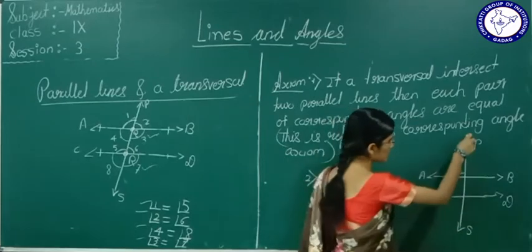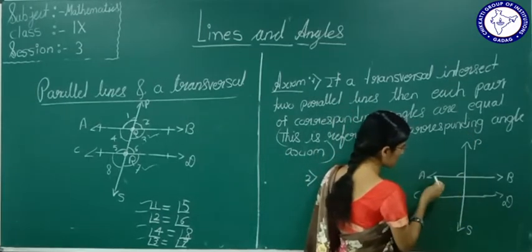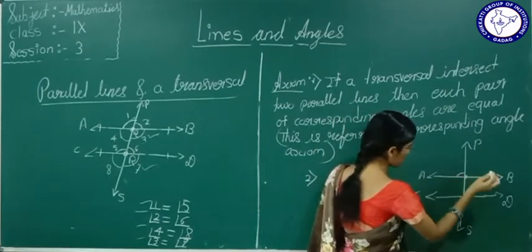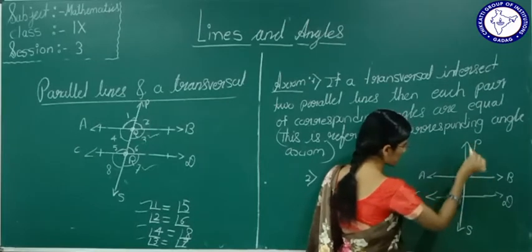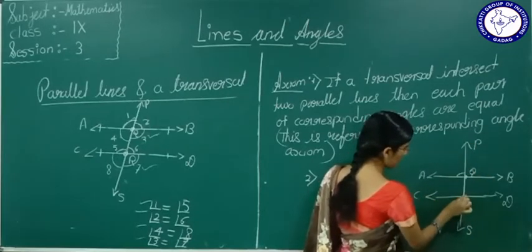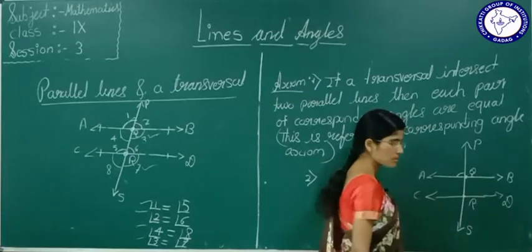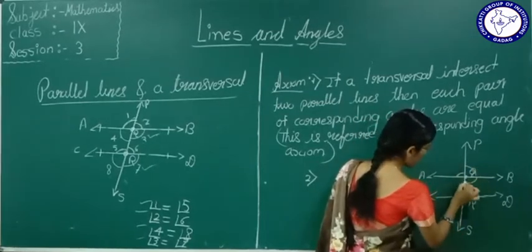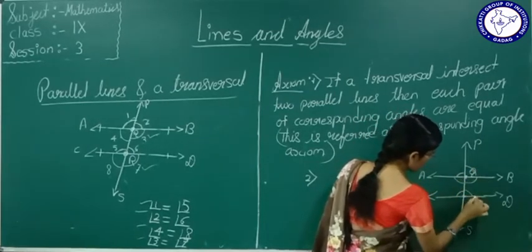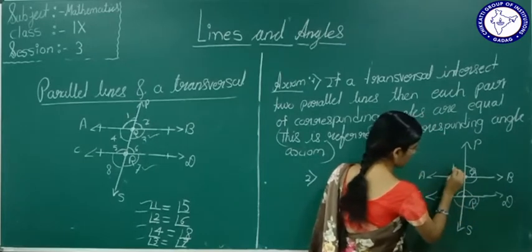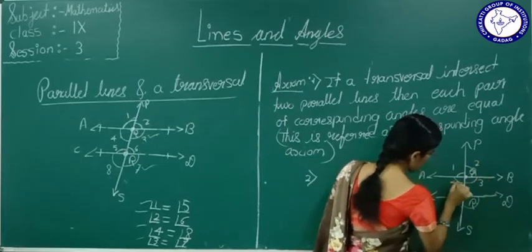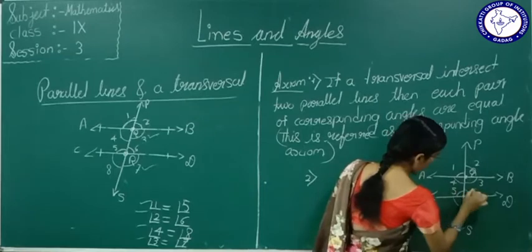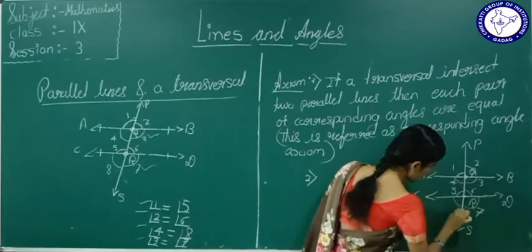This line PS intersects AB at point Q and intersects CD at R. Here we are going to form 4 angles and here 4 angles: angle 1, angle 2, angle 3, angle 4, angle 5, angle 6, angle 7, angle 8.